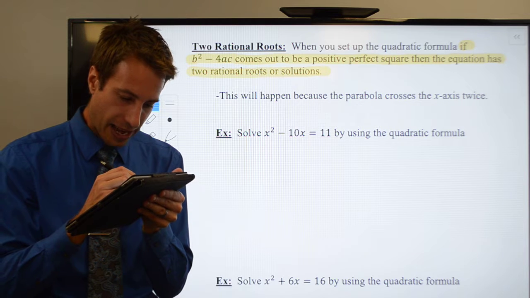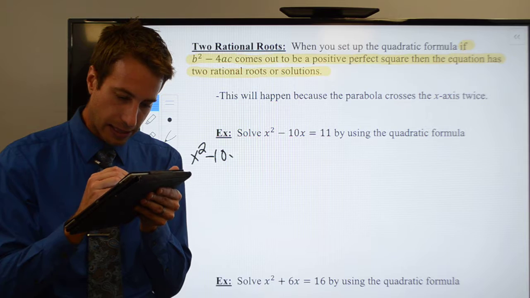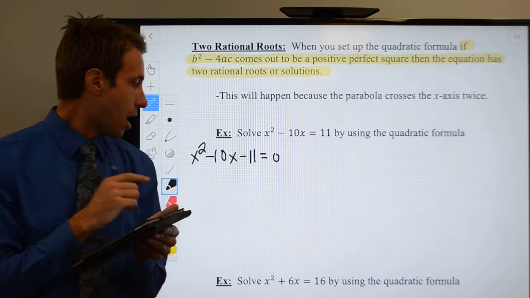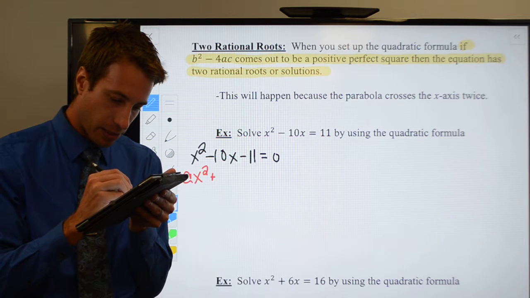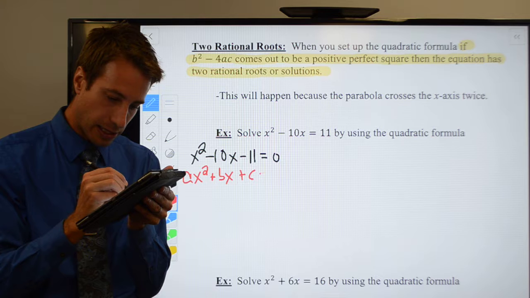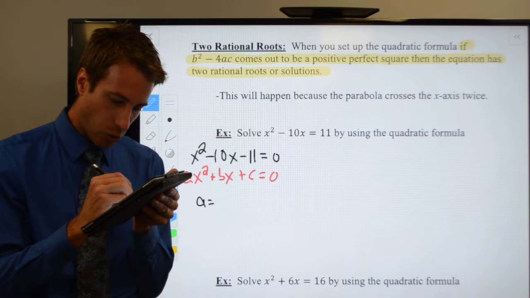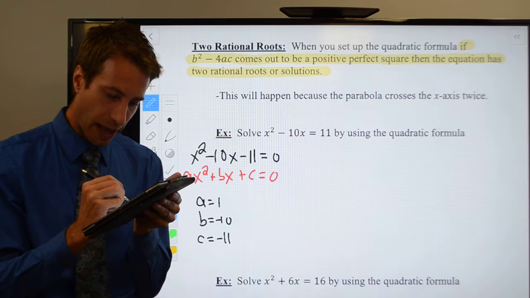And I will have x squared minus 10x minus 11 is equal to 0. And that is now in standard form, ax squared plus bx plus c is equal to 0, where a is 1, b is a negative 10, c is a negative 11.